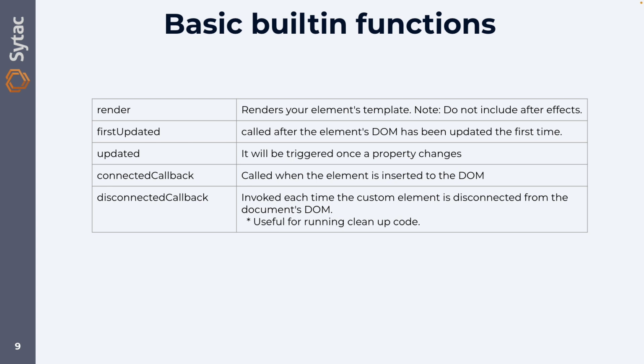The updated will happen every time you change a property. So you click something and you have that attached to an event that is going to trigger a change in the properties that you already set. It's going to call that method. So you need to be careful with that because you cannot put side effects that will trigger updated again, and you can get into the loop. All right.